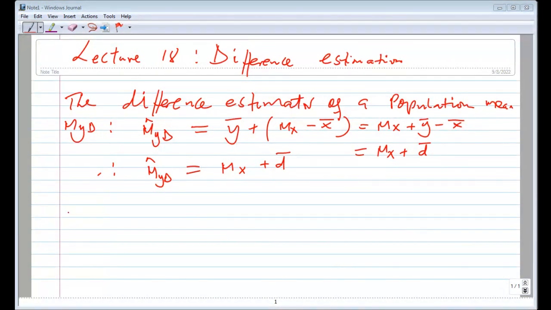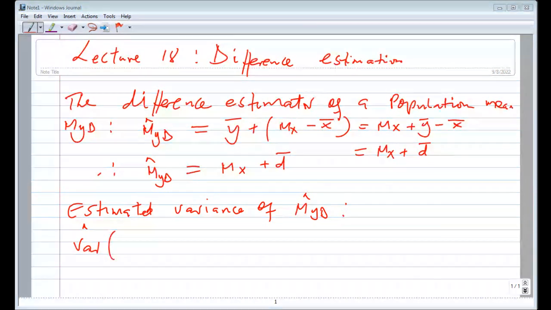The estimated variance of the estimated population mean under difference estimation, mu yd estimate, is given by var estimate, open brackets, mu yd estimate.